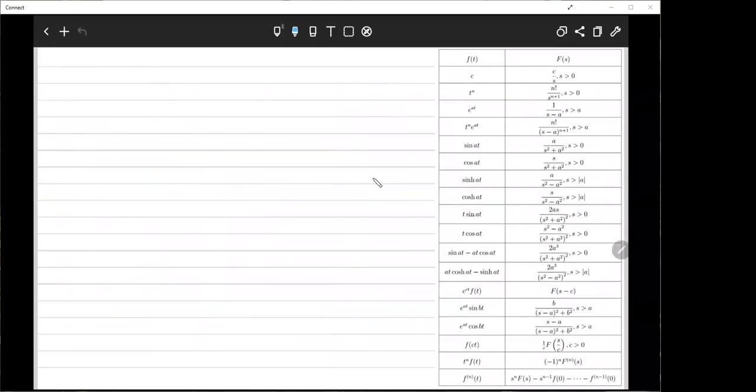So let's solve the equation y double prime plus 2y prime plus y equals 6. If you notice, this is a linear equation of order 2 with constant coefficients.